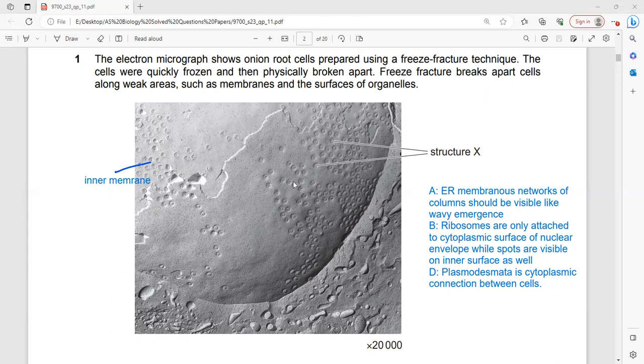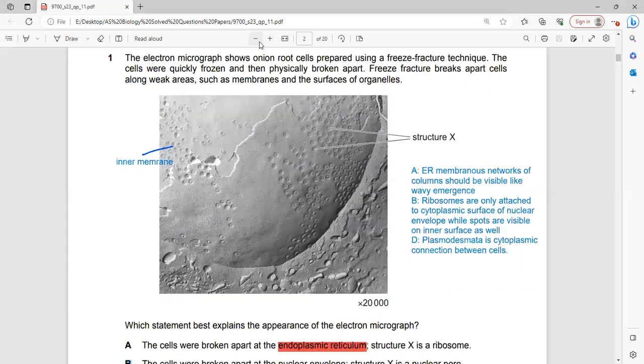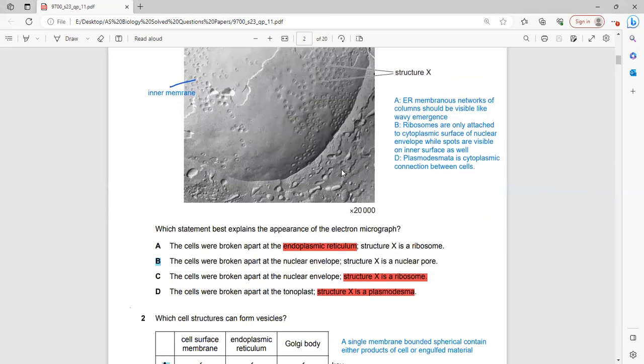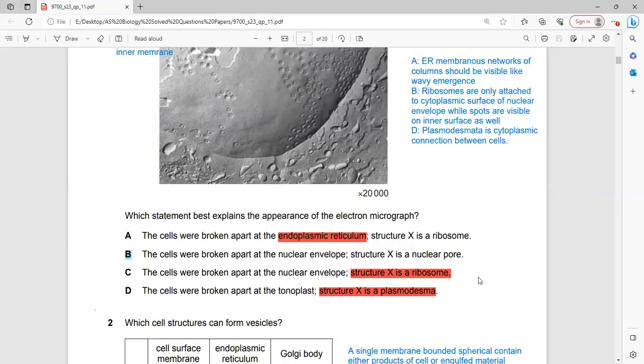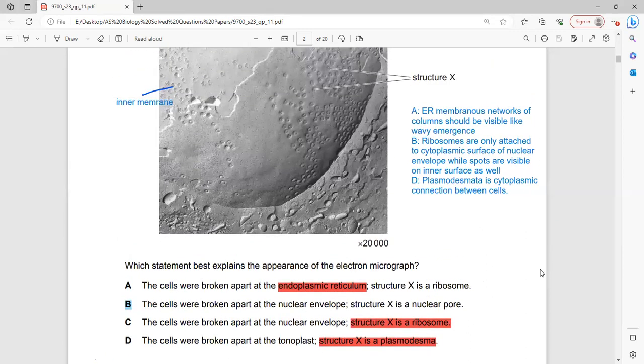Now, which options are given there? Option one: which statement can explain the appearance of the electron micrograph? The cell was broken apart at the endoplasmic reticulum, and structure X is a ribosome present on the endoplasmic reticulum.